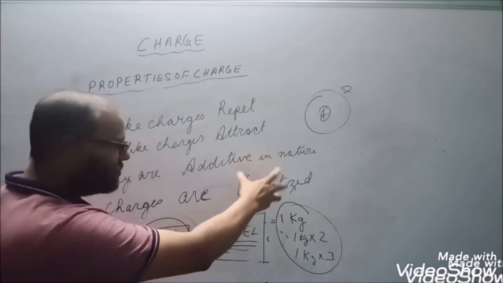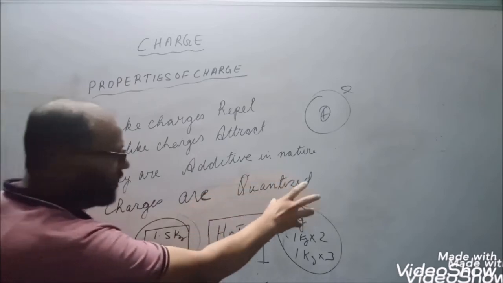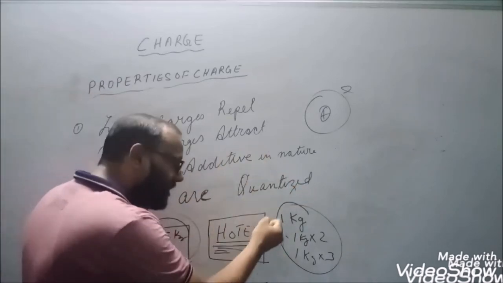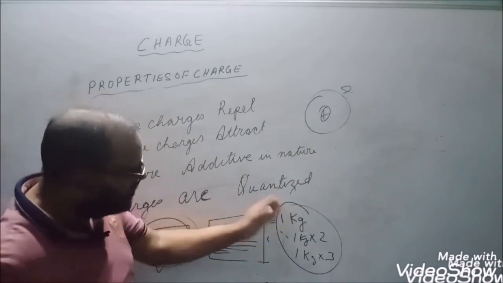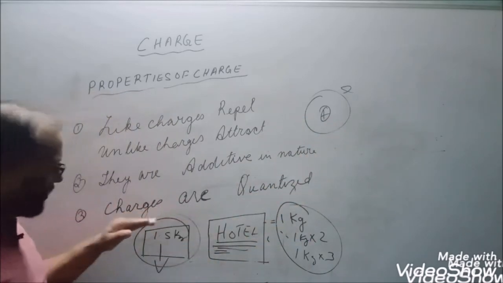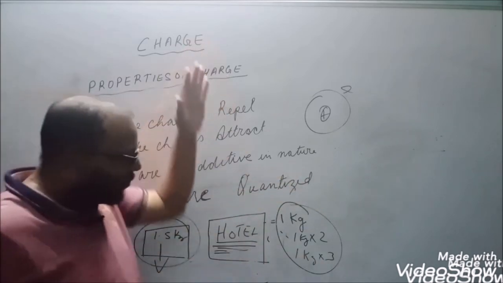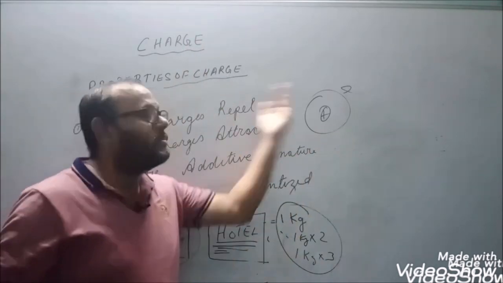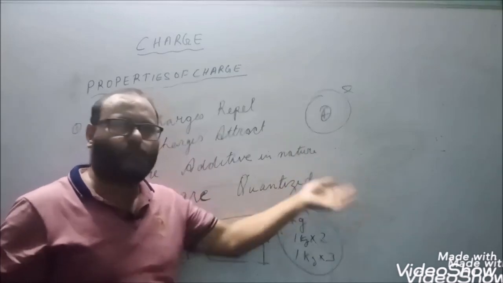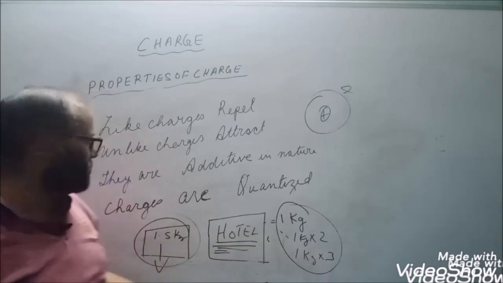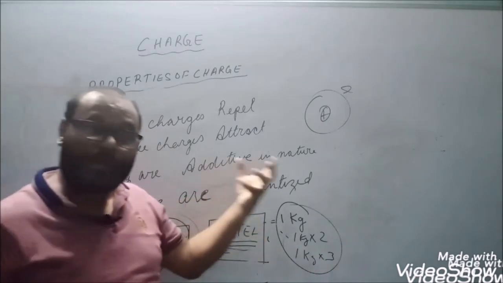That means the charge can be quantized into itself or a multiple of itself, either 1 kg or multiples of 1 kg, either 1.5 kg or multiples of 1.5 kg. Same case: either 1 electron you can remove or multiples of it, 1, 2, 3, 4, 1000. You can give electrons 1, 2, 3, 4. That way, this is quantization. So charge is quantized.